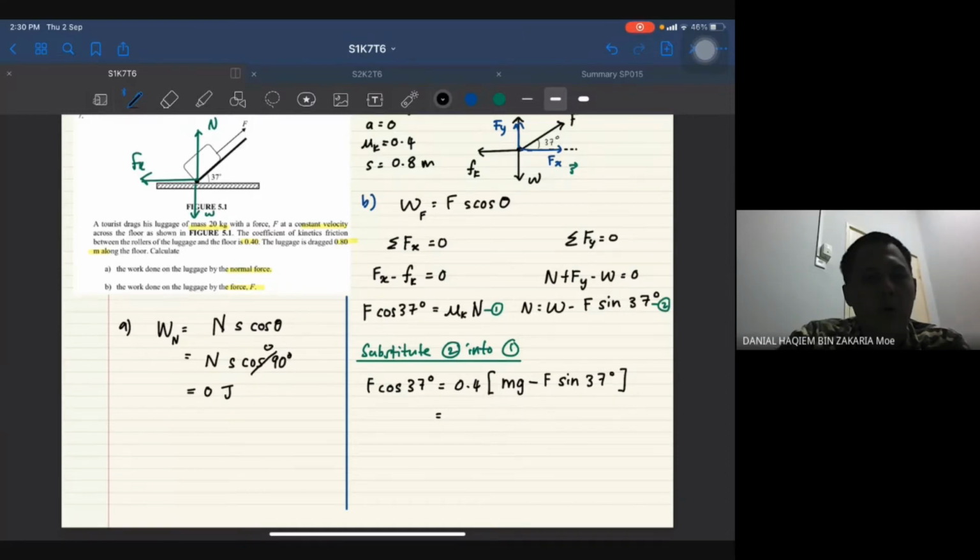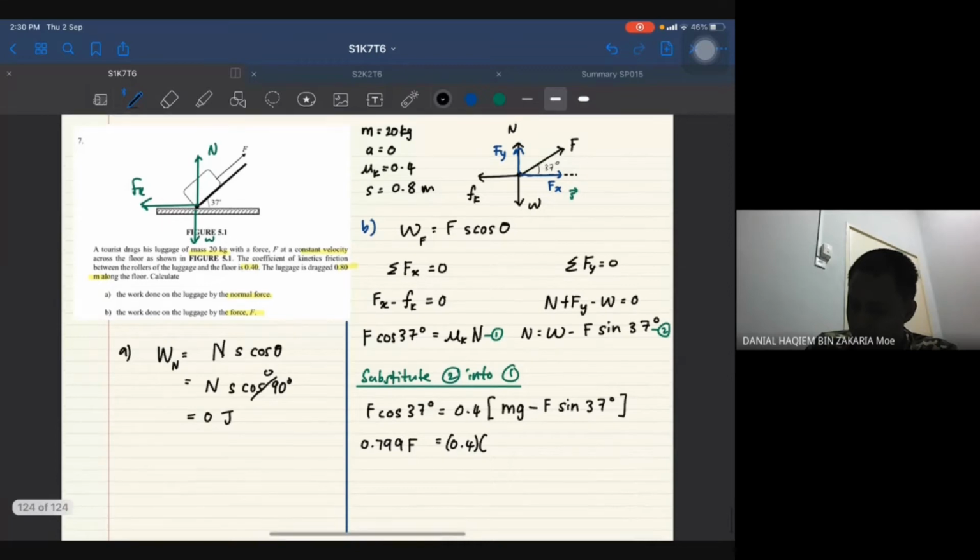Cos 37 is equal to 0.799. This one is 0.4 multiplied with the mass, which is 20. Sine 37 is equal to 0.602.